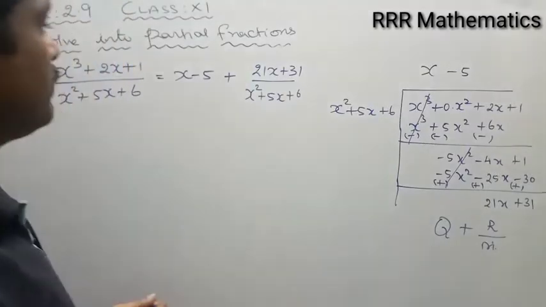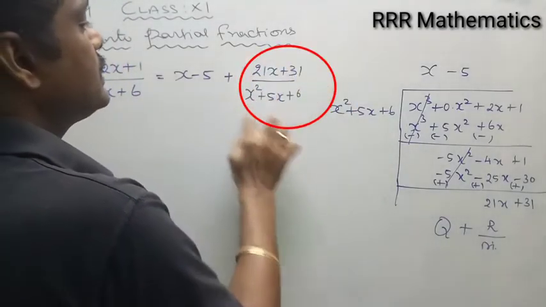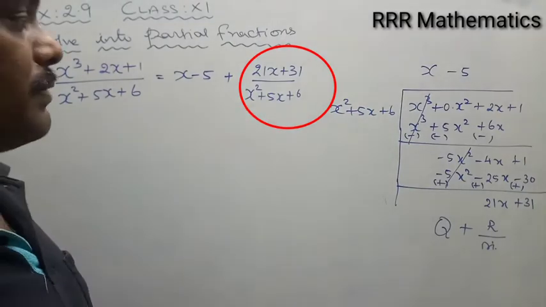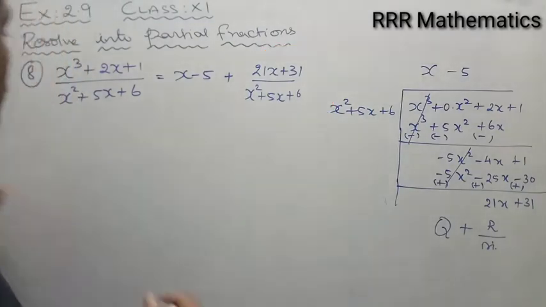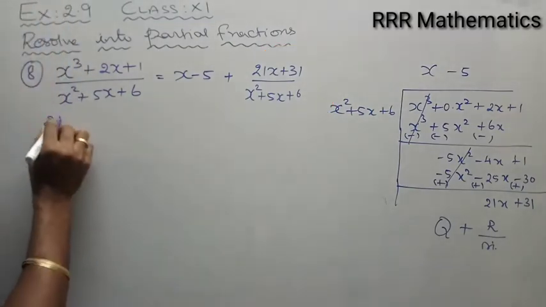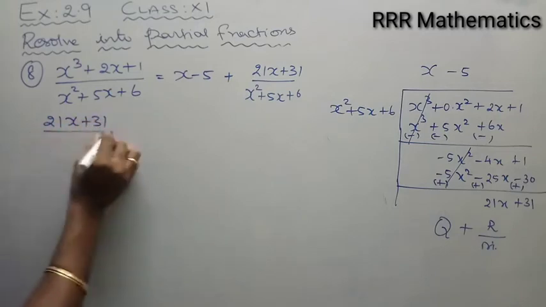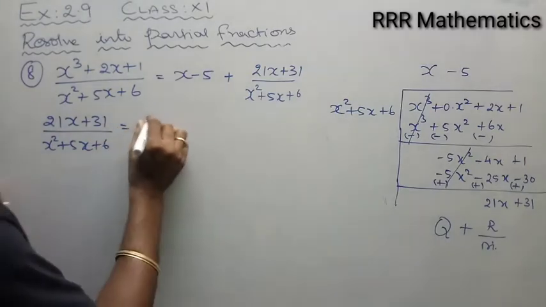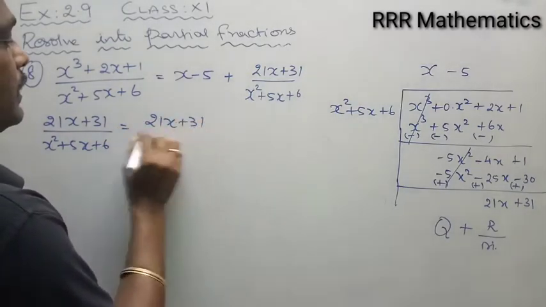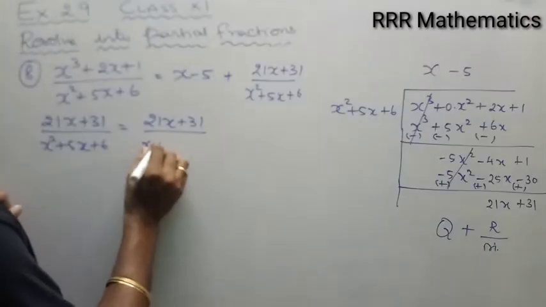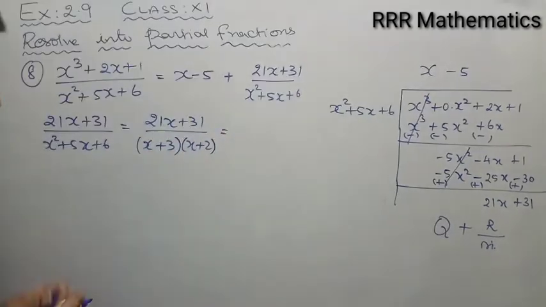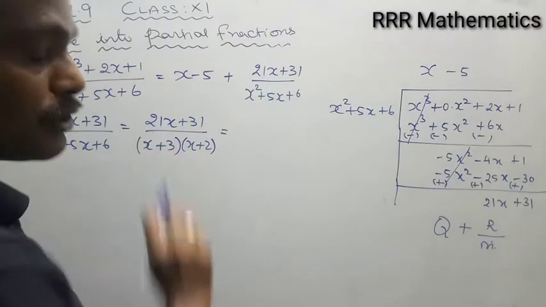Now we want to apply partial fraction only for this section: 21x plus 31 divided by x square plus 5x plus 6. Is it clear? Now 21x plus 31 divided by x square plus 5x plus 6 can be written as 21x plus 31 divided by, when you factorize, x plus 3 into x plus 2. Got it? I will consider this one and keep the quotient as it is.